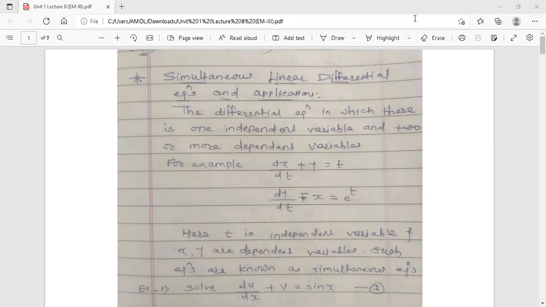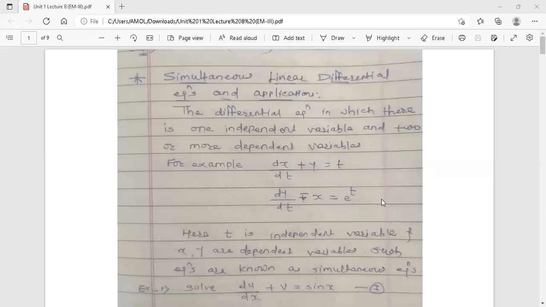See, a system of differential equations is one in which there is one independent variable and two or more dependent variables. For example, dx by dt plus y is equal to t, and the second differential equation, dy by dt minus x is equal to e raised to t. In this example, x and y are two dependent variables and t is the independent variable.